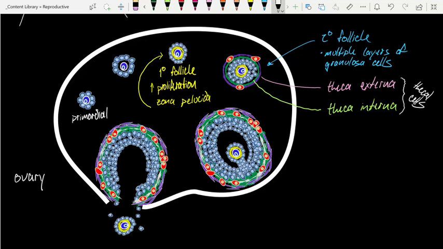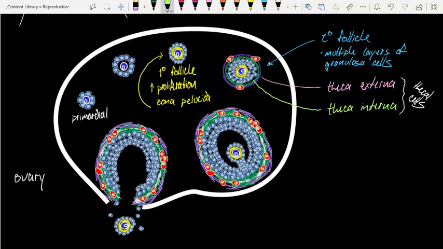It could be that they're mesenchymal cells, fibroblasts and such that are redifferentiated to become thecal cells, or that it represents a dormant thecal population that is recruited from the ovary at this time. We don't fully understand. But again, just to remind you, these are the cells that respond to LH to produce the androgen that's going to be used to make a lot of estrogen.